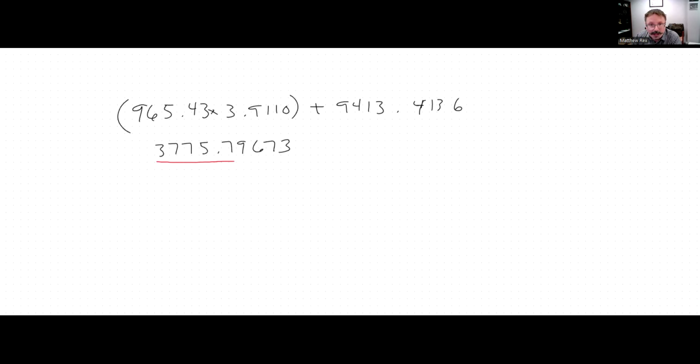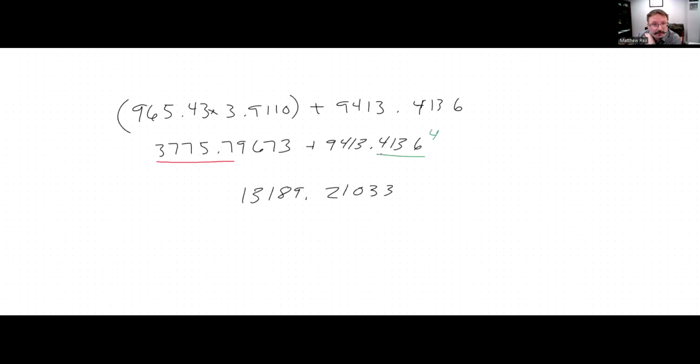And to that, I'm going to add 9,413.4136. When I do that, I get 13,189.21033. Now, the last operation that I did was addition. The rule for addition is the least number of digits after the decimal. This has 4 digits after the decimal.